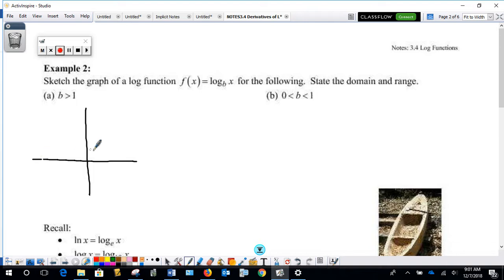So visualize the exponential, which is doing this, the growth, and then flip it over the line y equals x, and you should be able to quickly sketch every log graph that is the inverse of a growth exponential.